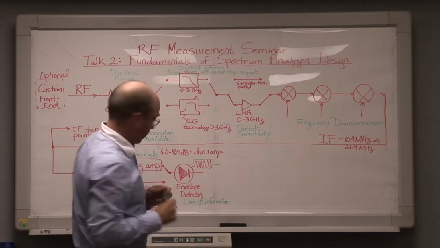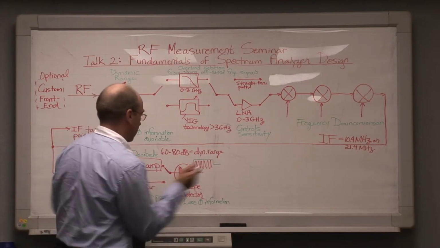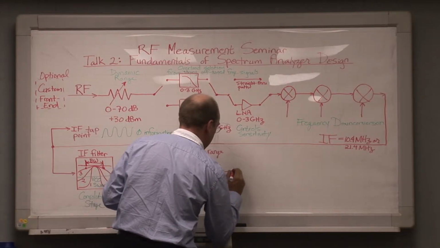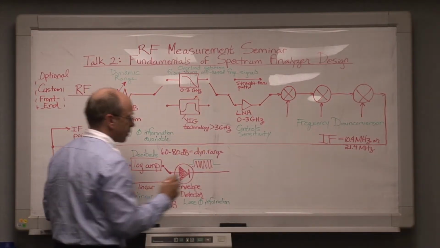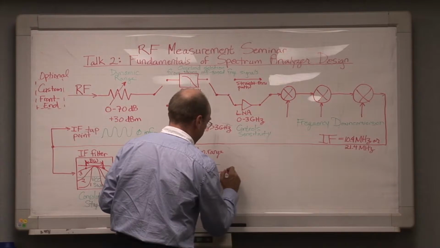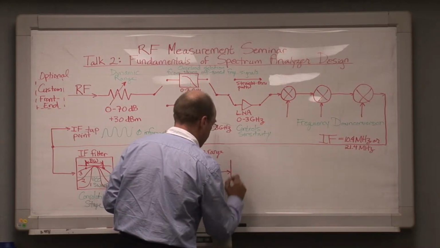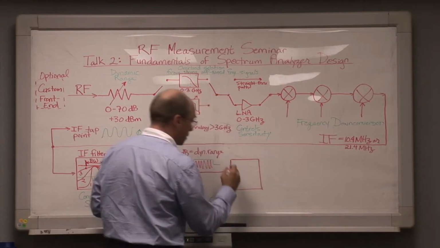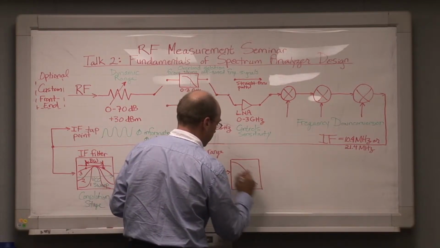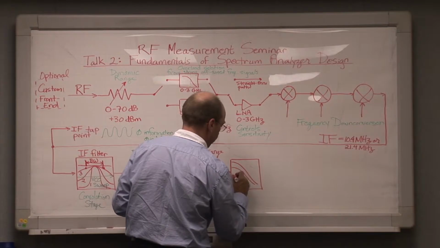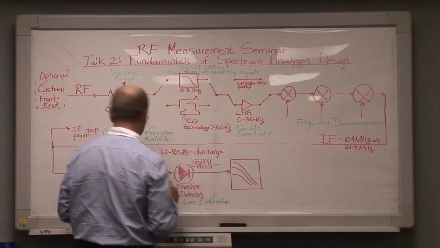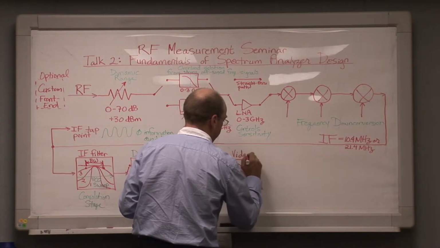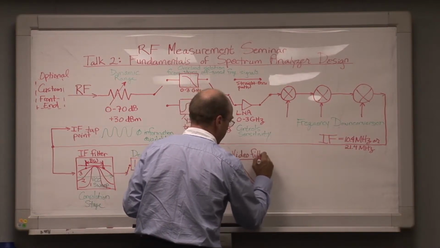Now, following the envelope detector, we have a stage which is needed in analog spectrum analyzer designs and which can primarily be dispensed with in digital designs. And this is an operator selectable set of low-pass filters, the so-called video filter stage.